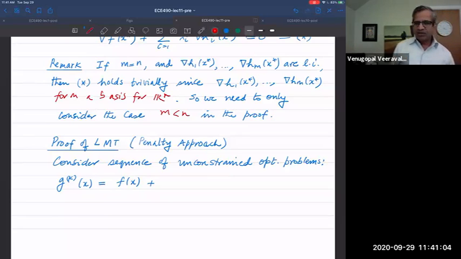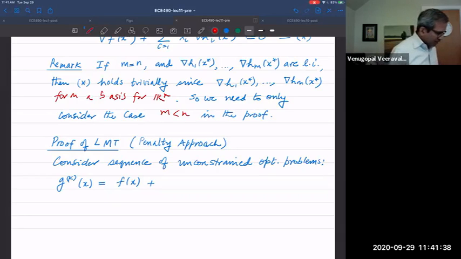The reason I chose the penalty approach is because the notion of adding a penalty to help solve constrained minimization problems is actually useful. It'll turn out to be useful later when we talk about computational approaches to solving constrained optimization problems. So I wanted to introduce that idea a little earlier in the course. That's why I chose this proof.